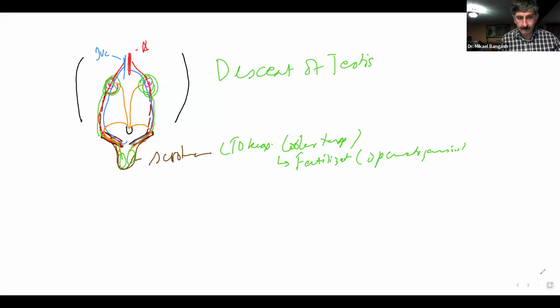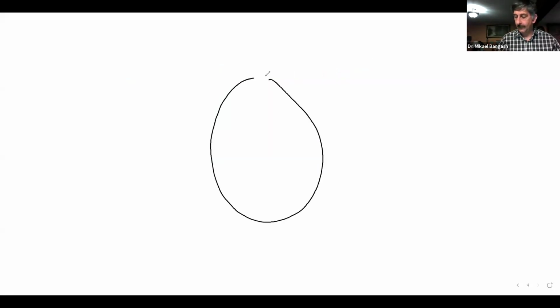Okay, guys. Now, guys, if we look at a single testis, we can mainly say that it may be divided into different compartments.